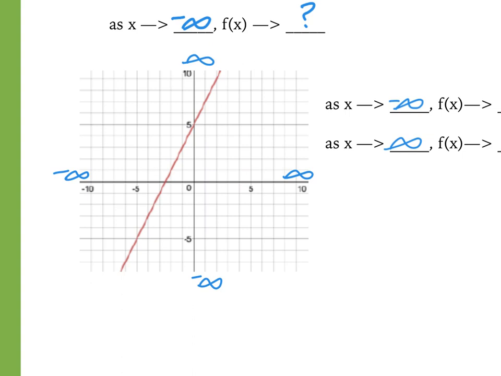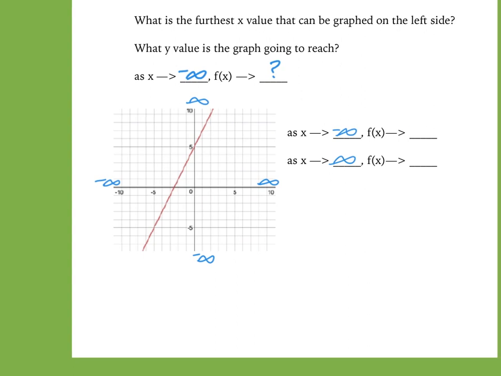Down forever. So what do we call down forever? Negative infinity. Okay? Now we're going to do the opposite. As x is going right forever, y is going up forever, which is positive infinity. So we're going to write that in that blank. Questions on that?